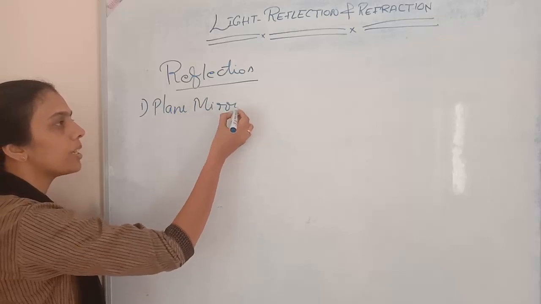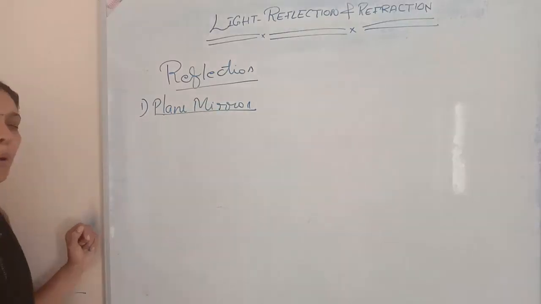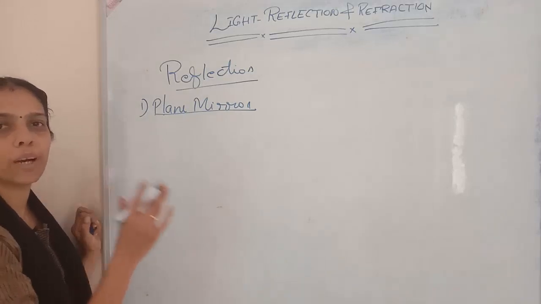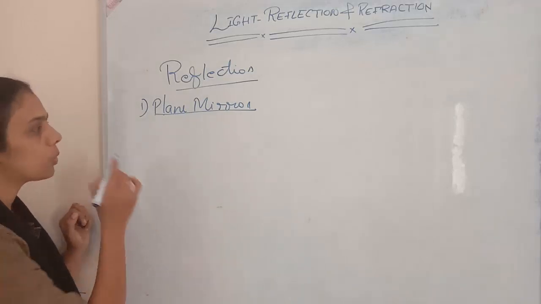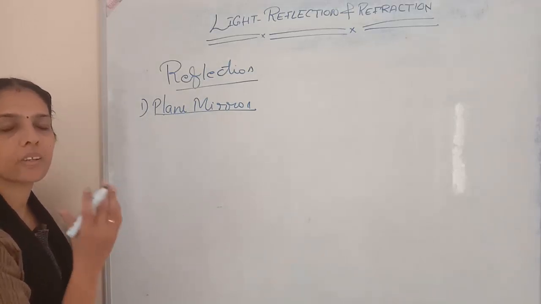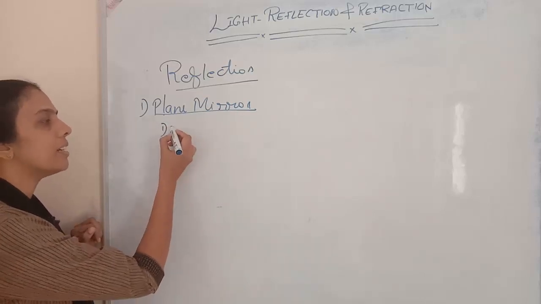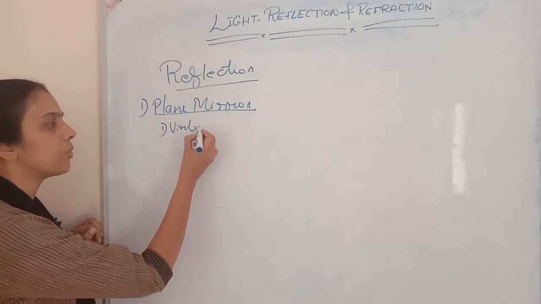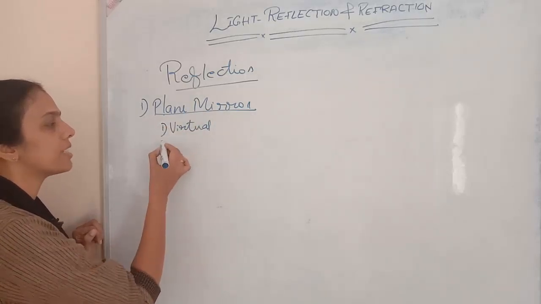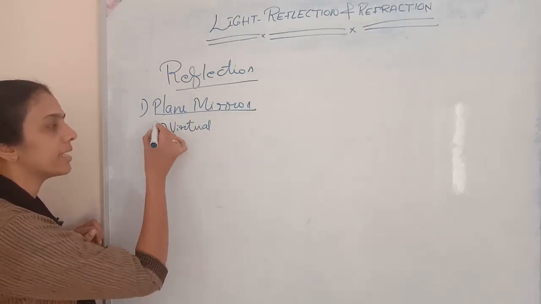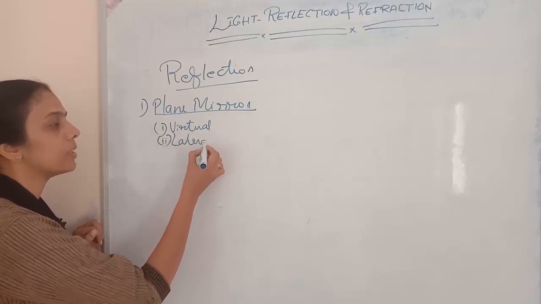Plane mirror, what are the properties of the image formed by a plane mirror? First, it will be virtual. Then it is laterally inverted.